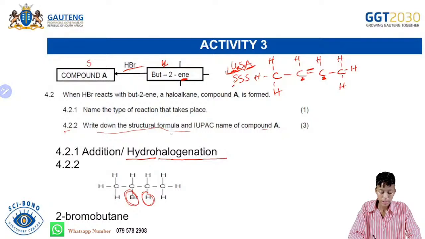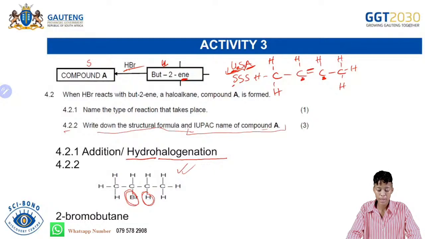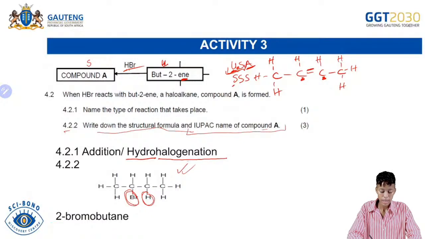So it says write down the structural formula. So this would be our structural formula, and then they also said that you must write the IUPAC name of compound A. So what would be the IUPAC name? We can see that we have a total of 4 carbons. So it would be called a butane. But on carbon number 2, what is it that we have?